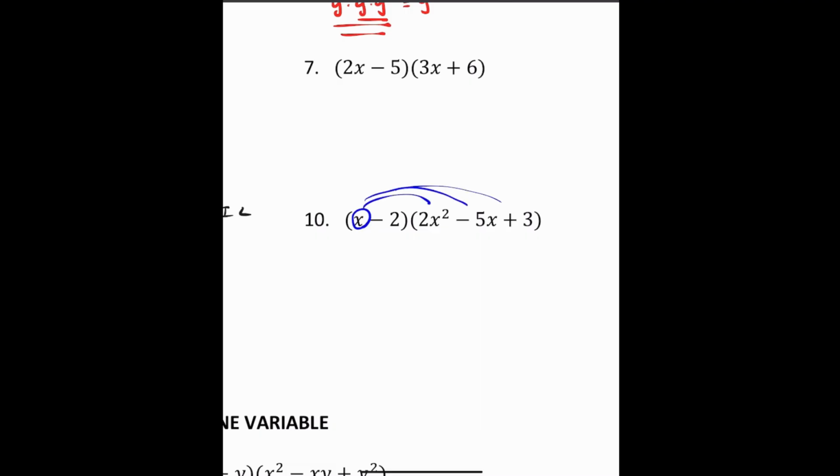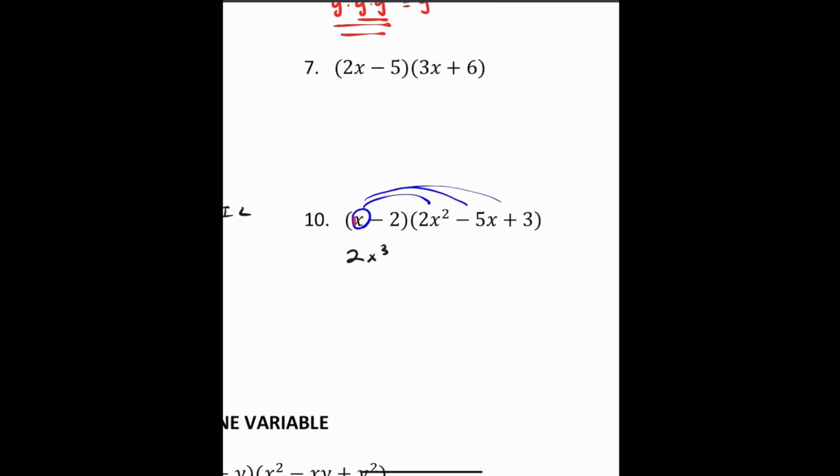So x times 2x squared, there's a 1 in front of this x, so it's 1 times 2, that's 2. x times x squared is x times x times x, or x to the third power, right? So x times x squared, there's an invisible 1 here. You're going to add those exponents, so it's x to the third, right?